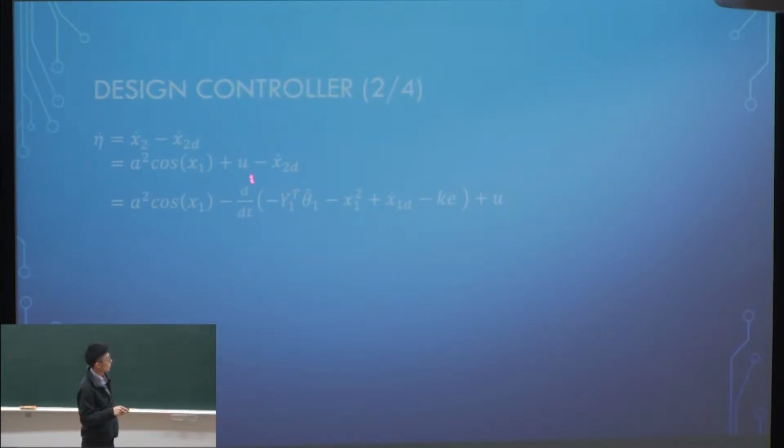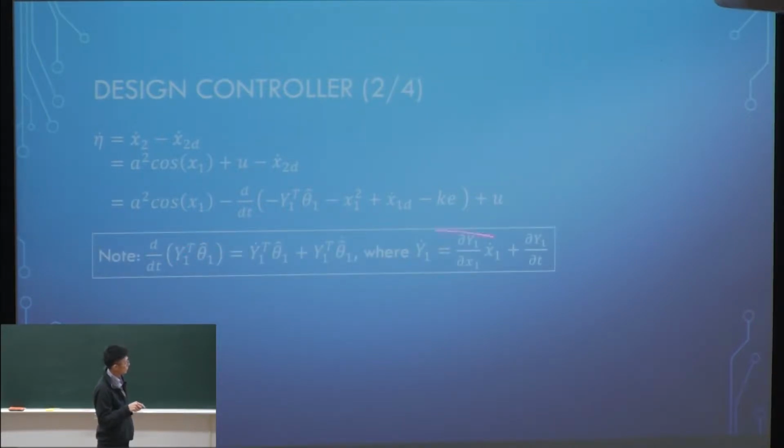And here your control input needs to compensate not only this unknown term but also this x2d dot term. So we take the time derivative of x2d, which is the virtual control input of the previous system, and it's more complicated when you take the time derivative of all these four terms.